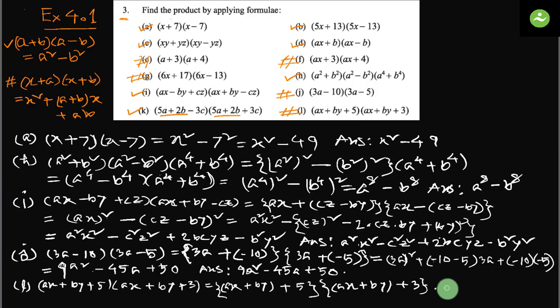So I think you can do it. I won't do it here because there is not much space left.